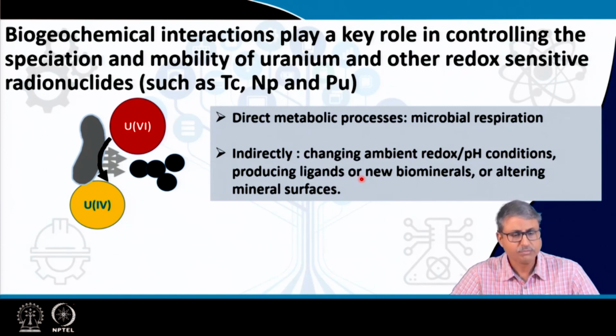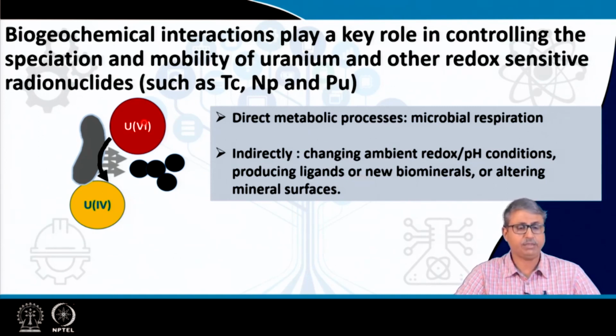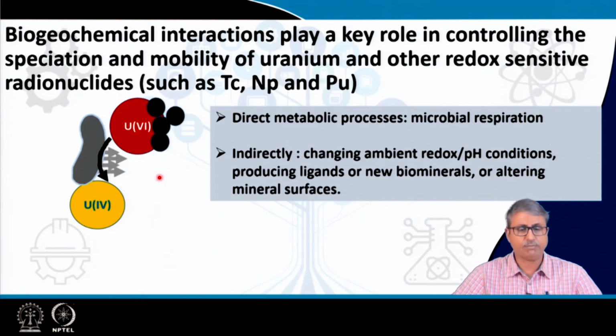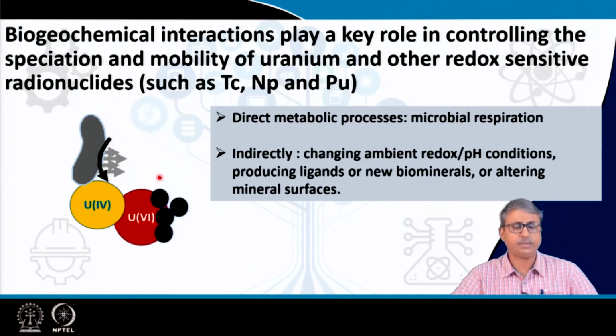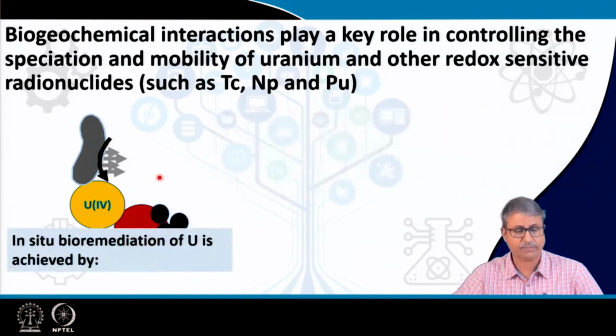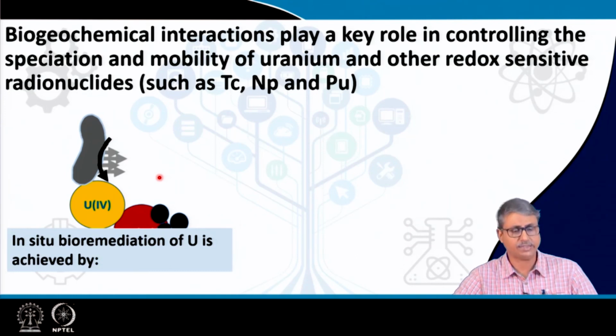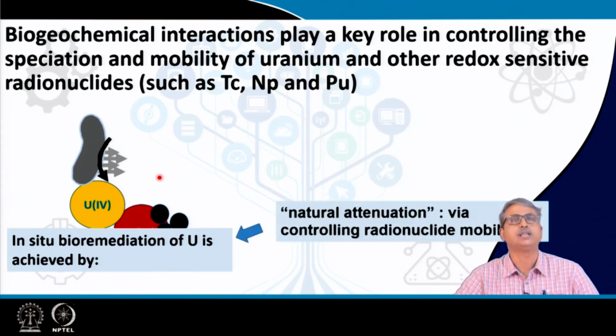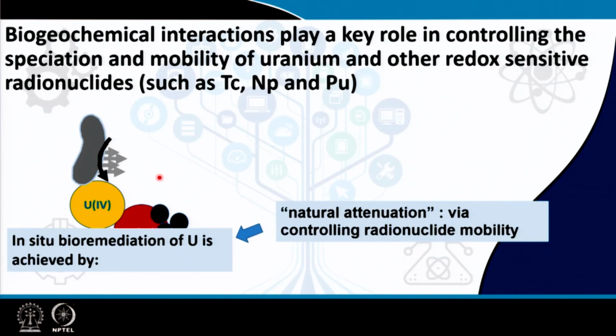So, as I mentioned, the uranium 6 can be reduced directly, or microorganisms can produce certain ligands or certain groups, and these can bind to the uranium 6 and lead to the precipitation of the uranium in the solid phase. Therefore, in situ bioremediation of uranium within contaminated groundwater sites can be achieved by two processes. One is natural attenuation, as I mentioned earlier, via controlling the radionuclide mobility, and this relies on the abilities of the natural microorganisms, the microbial communities.